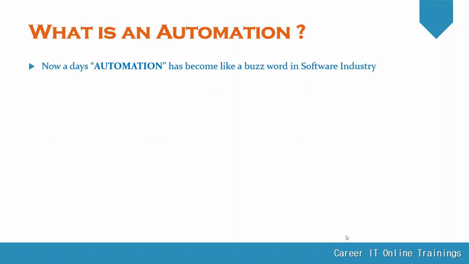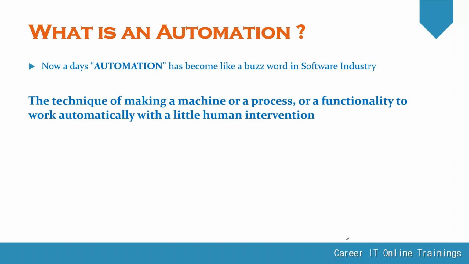Automation is nothing but using software to do something. Whenever you test a software by using another software, we call that automation in the software industry.